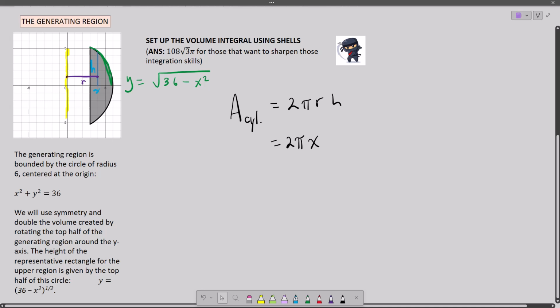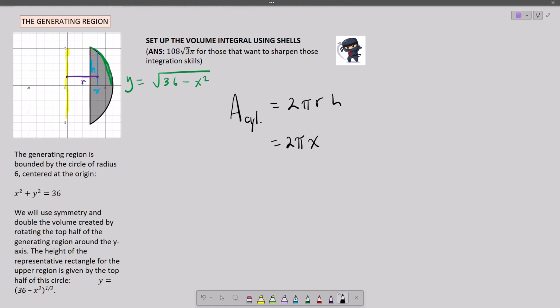And how about the height? So the height is vertical. That function represents the distance from the x-axis up to that circle. So that is going to be the height. All right.